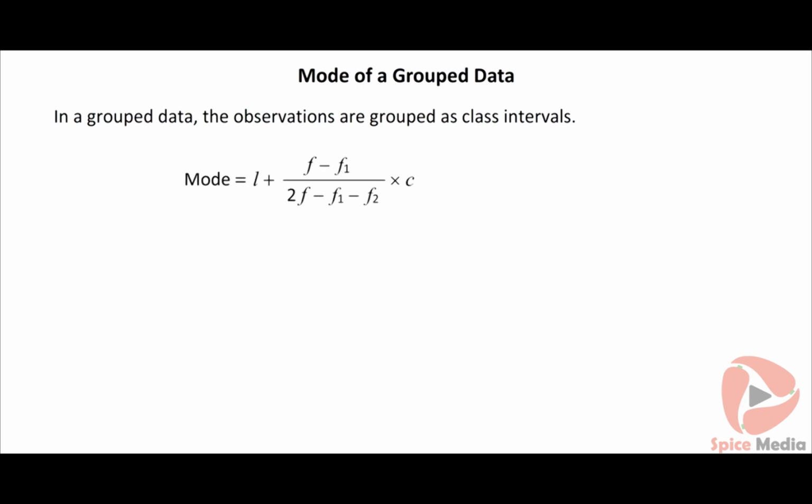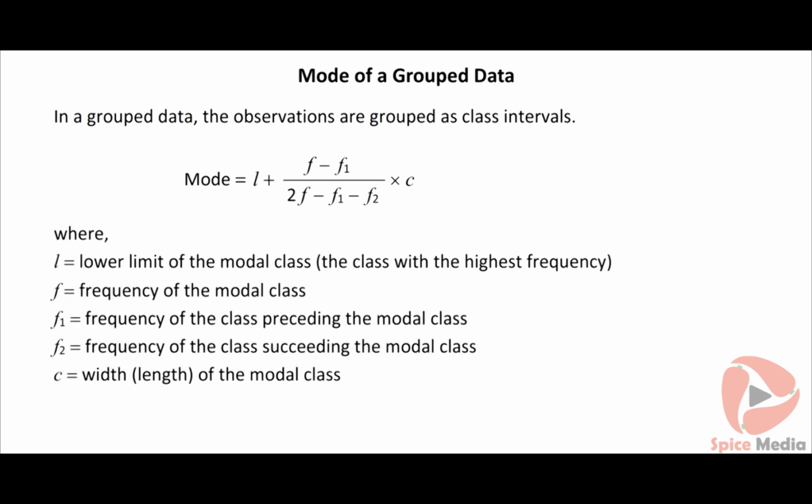Mode is equal to L plus (f minus f1) divided by (2f minus f1 minus f2), into C, where L equals lower limit of the modal class, the class with the highest frequency, f equals frequency of the modal class, f1 equals frequency of the class preceding the modal class, f2 equals frequency of the class succeeding the modal class, C equals width of the modal class.